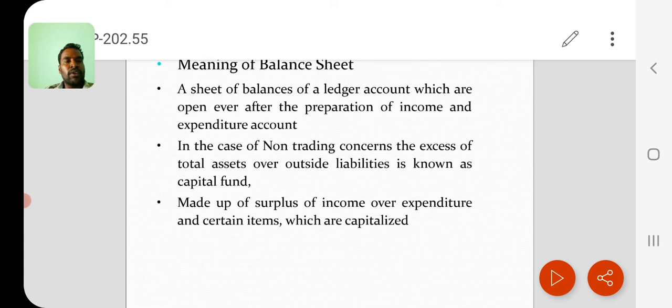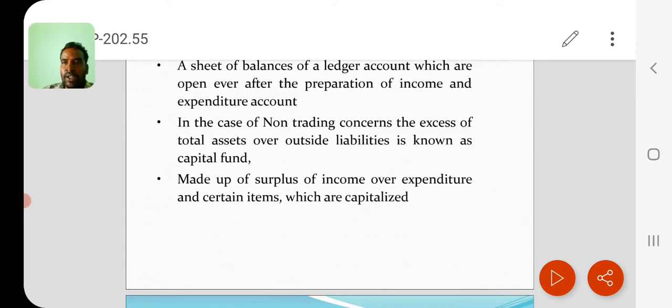So, in the case of non-trading concerns, the excess of total assets over outside liabilities is known as capital fund. Excess means assets are greater than liabilities, it is called a capital fund.